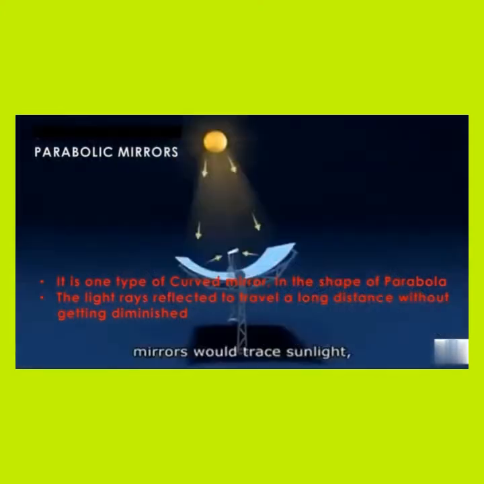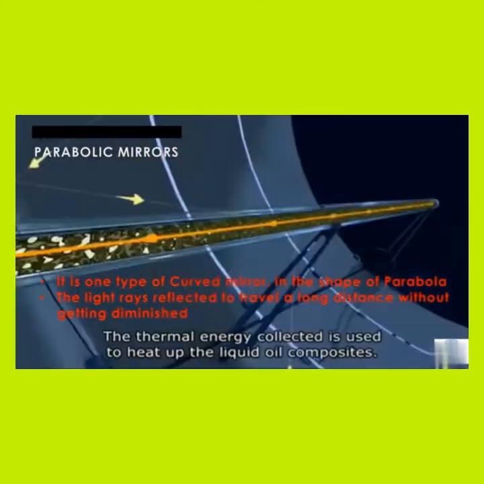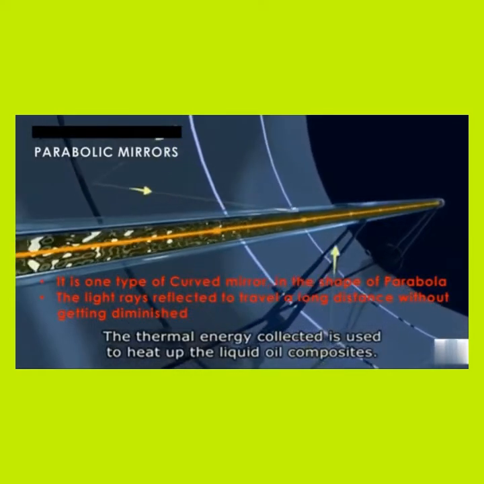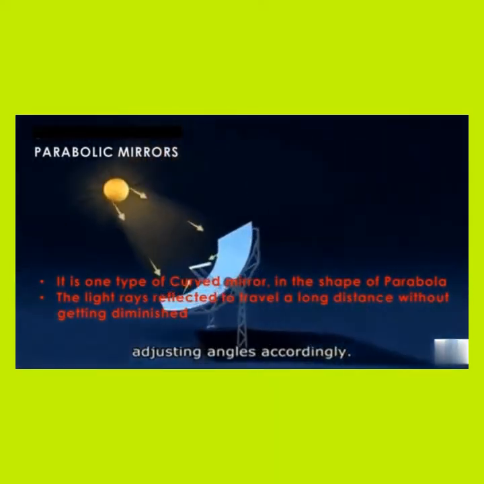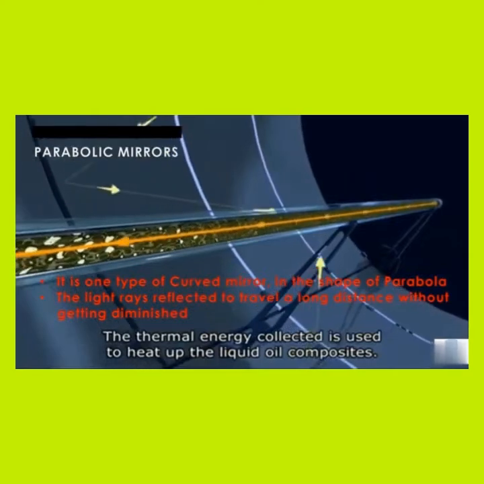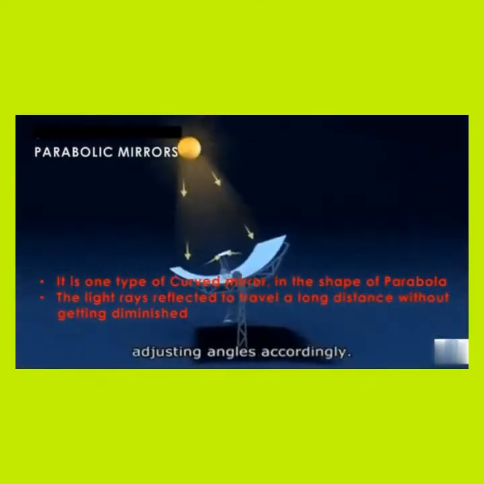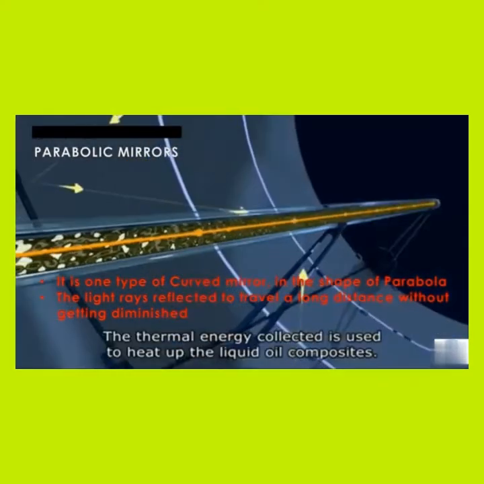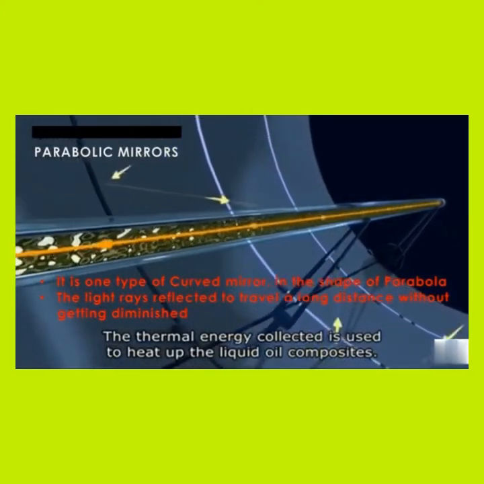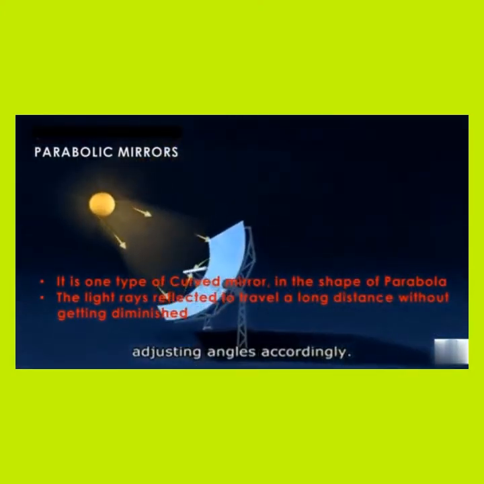Parabolic mirrors, also known as parabolic reflectors, are used to collect or project light energy, heat energy, sound energy, and radio waves. They are used in solar cookers and solar water heaters. They are also used in reflecting telescopes and radio telescopes.